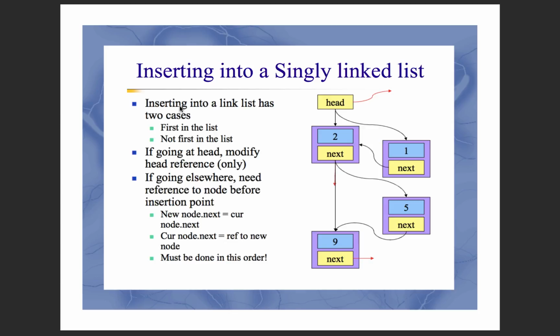Now if you want to insert into a single linked list, what would happen? Before going to insert elements, in these slides we will understand only what a single linked list is and what a double linked list is. Inserting, deleting, everything we will discuss next week.